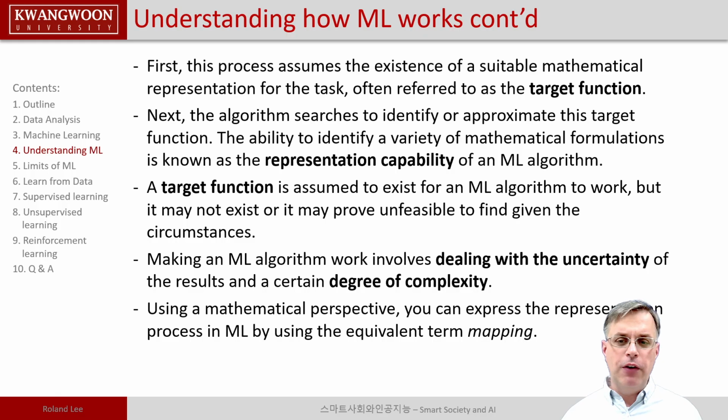A target function is assumed to exist for a machine learning algorithm to work, but it may not exist, or it may prove infeasible to find given the circumstances. Making a machine learning algorithm work involves dealing with uncertainty of the results and a certain degree of complexity.